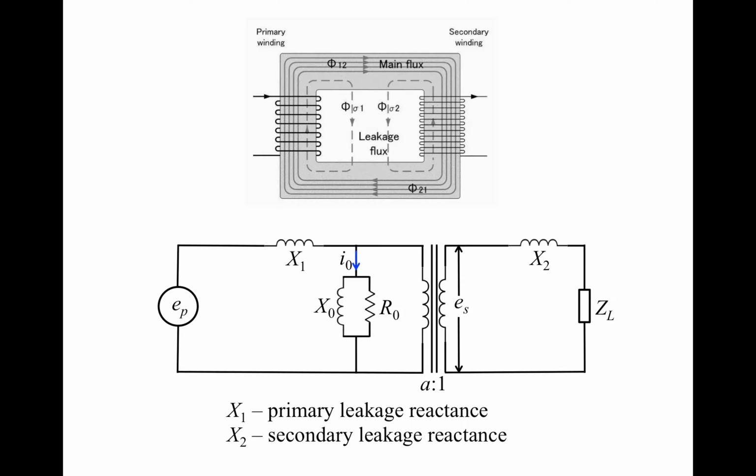And then the magnetic flux set up by the primary side of the circuit is not all confined into the transformer core. Some of the fluxes are going to leak outside of the core. You can sort of see those flux lines.